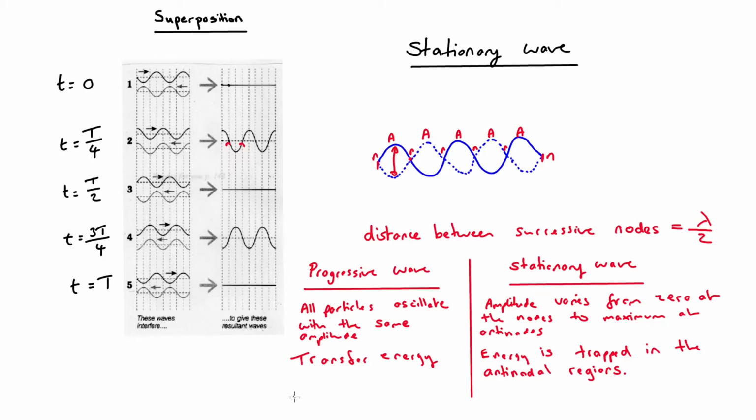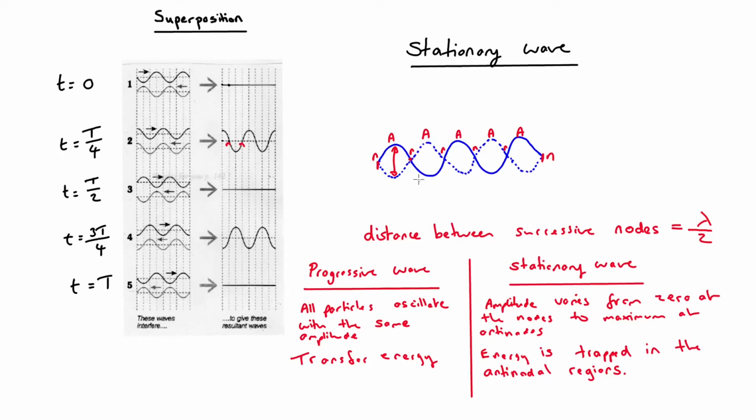One other thing we ought to mention is that between two nodes in a stationary wave, the phase of the particles will be the same. Because they're oscillating with different amplitudes, all these particles here will oscillate up, reach the top of their displacement together, and then oscillate down together. So between two nodes, all of the particles in a stationary wave are moving in phase.